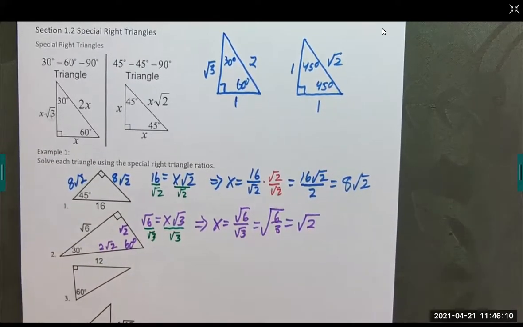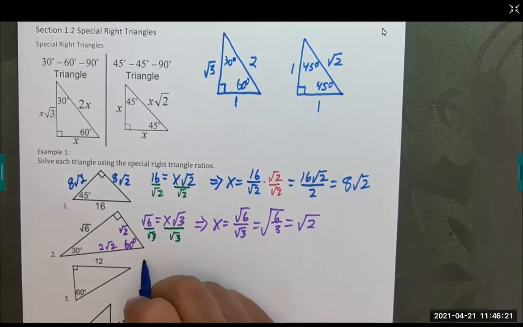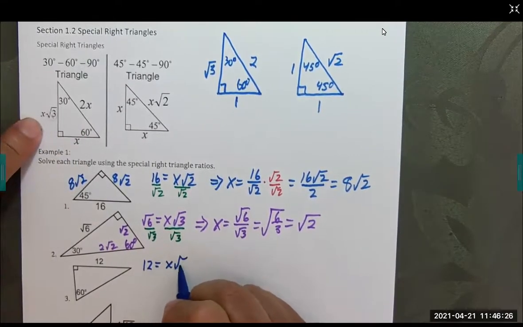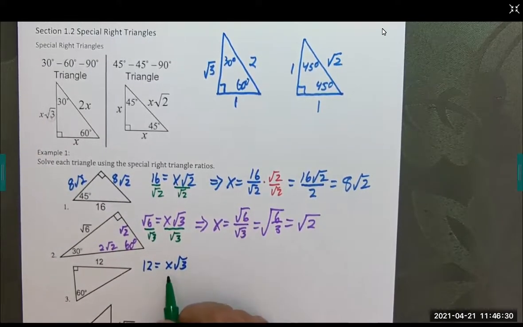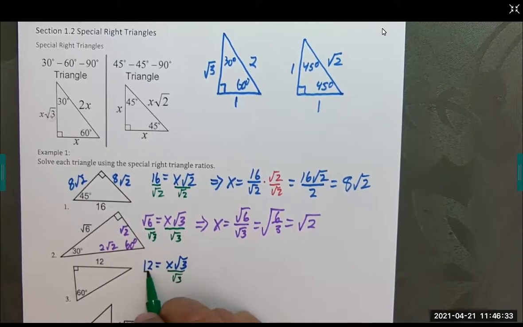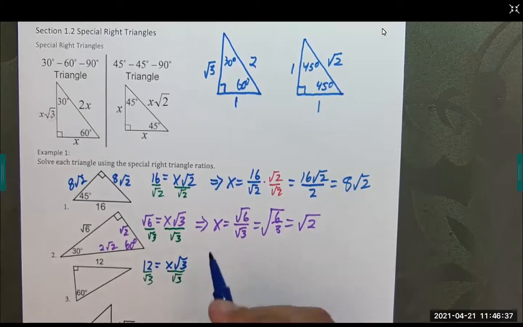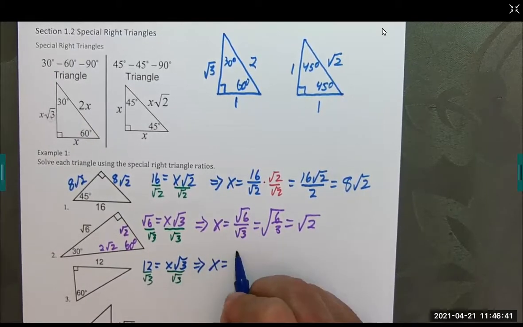Number 3, once again, we have a 30-60-90 triangle. And we have the side opposite the 60 degree again. In this case it's 12, which is going to equal x root 3. Divide by root 3 again. This implies that x is going to be 12 over root 3.